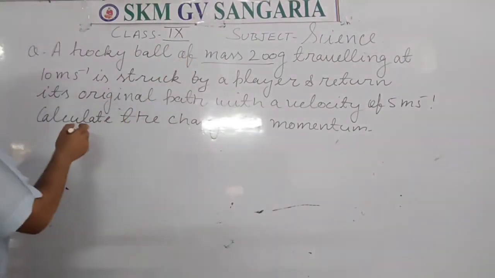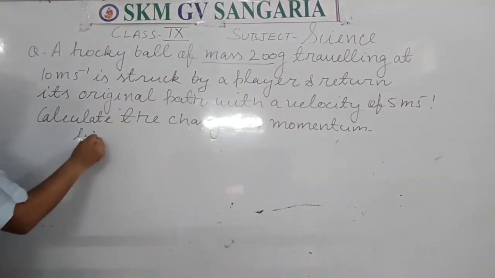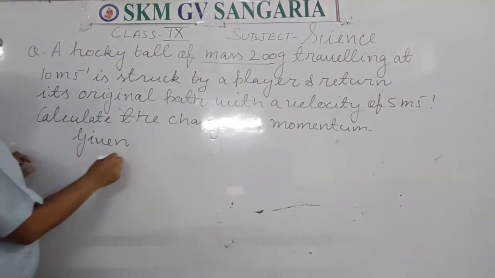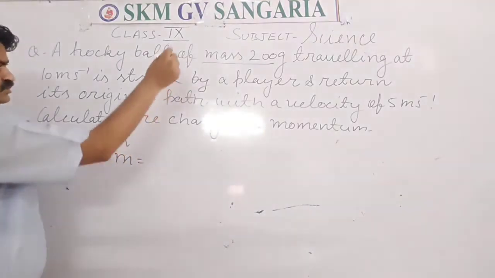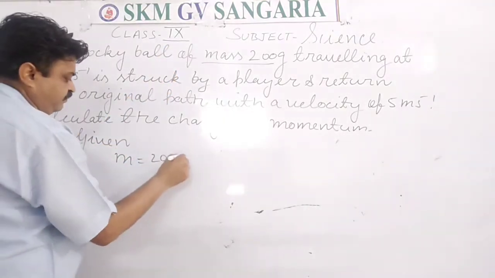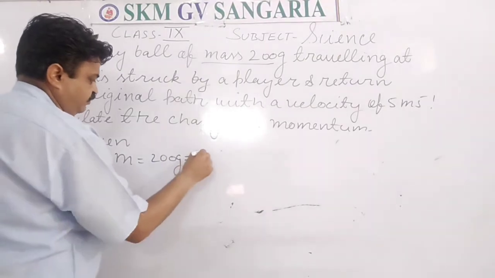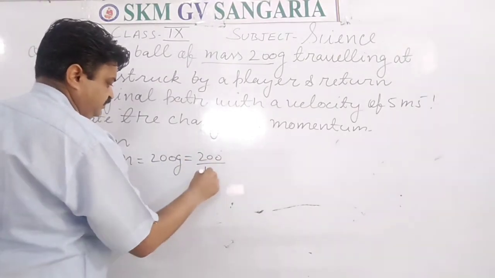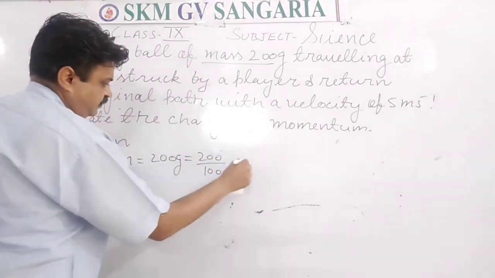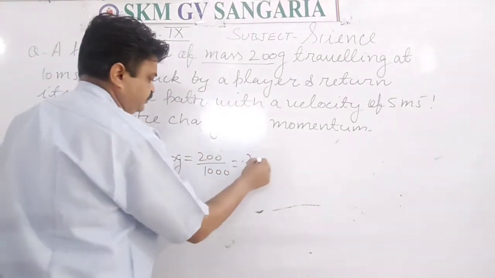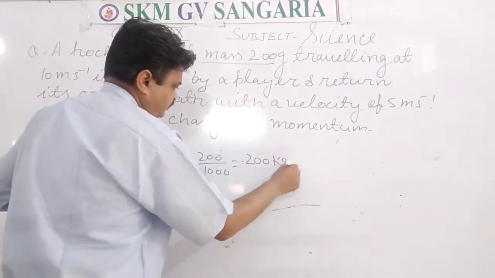So first you will write the given, and given is mass of the ball, it is 200 gram, and this 200 gram you will convert into kg, and it is 0.200 kg, student.